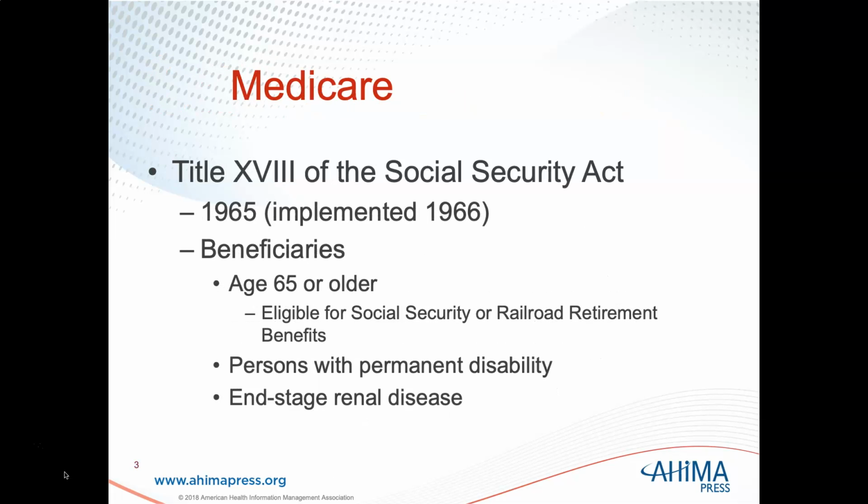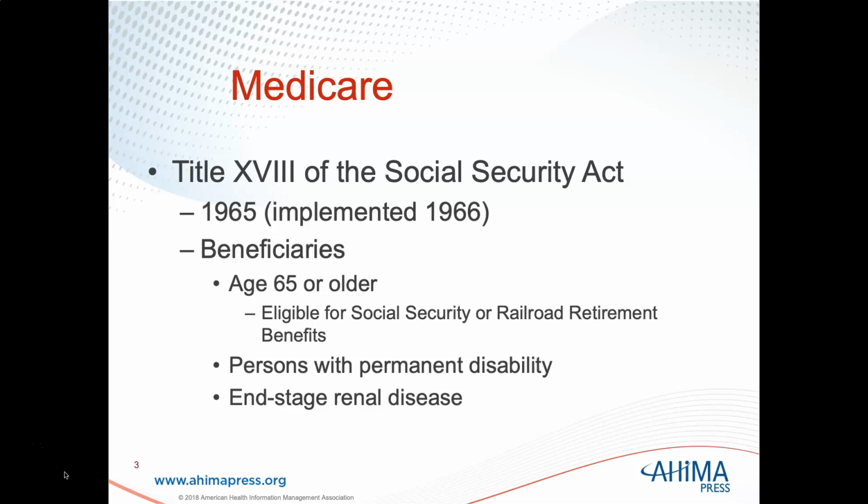Medicare was started really through the Social Security Act in 1965. It really targeted beneficiaries who were age 65 or older who were eligible for Social Security or Railroad Retirement benefits.